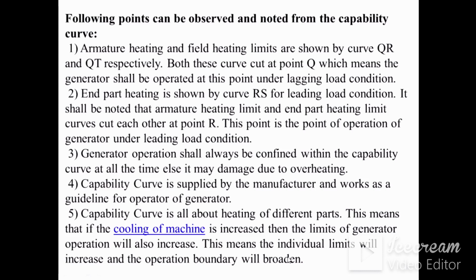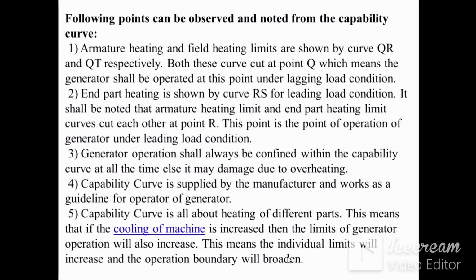And the last one is the load capability curve of the generator, that is, when there are heating limits, how the curve can be plotted, what the parameters are which are mainly affected when heating occurs in the alternator, and how the operation is limited due to the heating problem in the alternator.